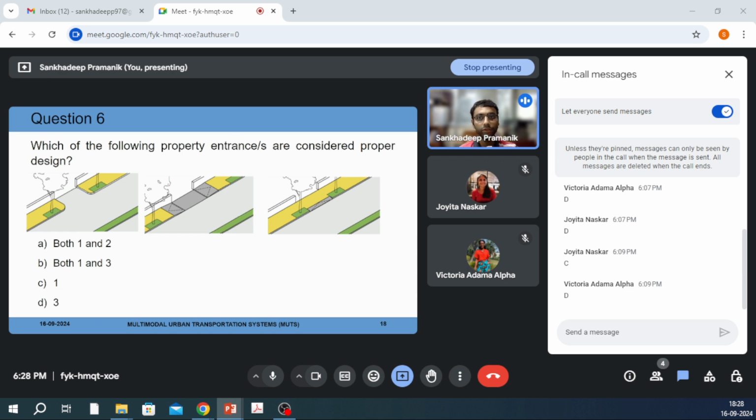Next question, which of the following property entrances are considered proper design? Both 1 and 2, 1 and 3, 1 or 3.